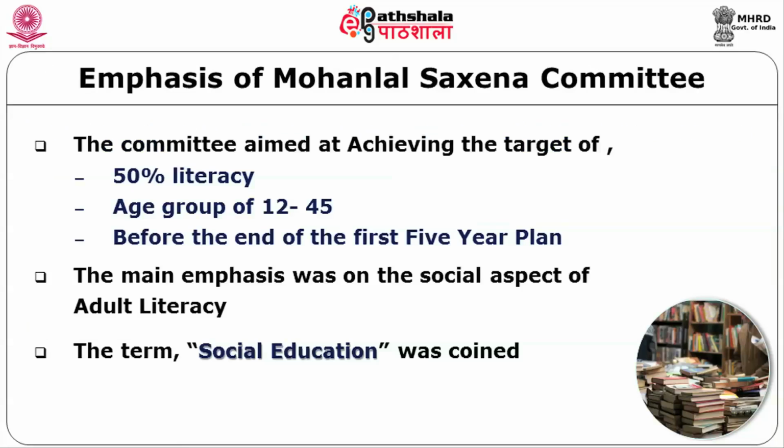The committee laid great emphasis on social education and coined the term social education. The aim of this scheme was that at the end of the plan, a 50% increase will be attained in the adult literacy rate of adult learners between the age of 12 and 45.